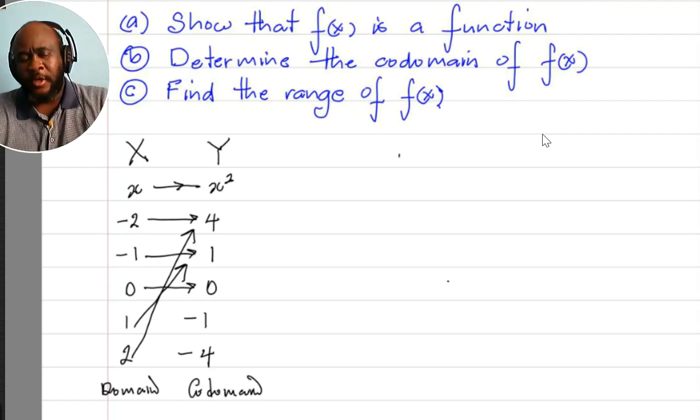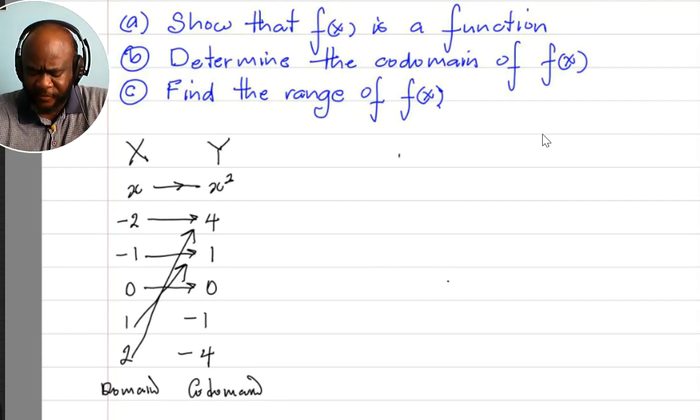All right. Now, how do we determine if this relation is or is not a function? The rule says if one arrow leaves every element in the domain, the relation is a function. If more than one arrow leaves any element in the domain, or if no arrow leaves an element in the domain, then the relation is not a function.